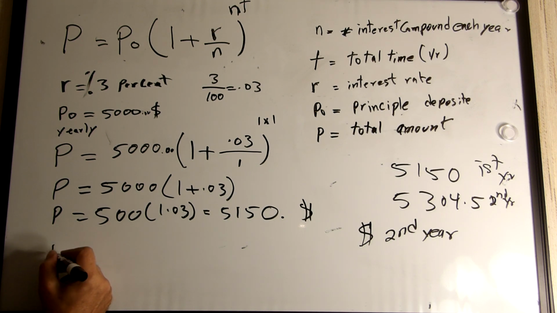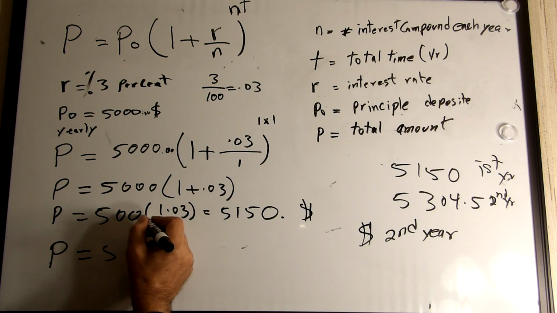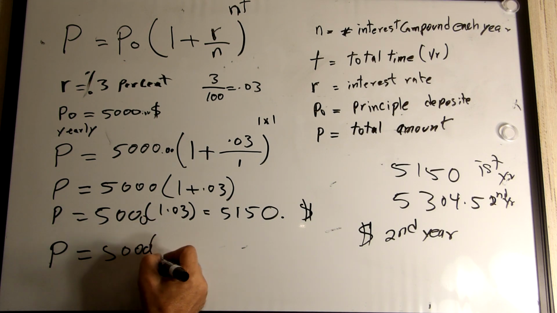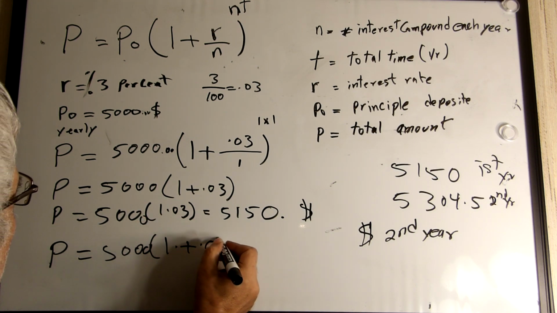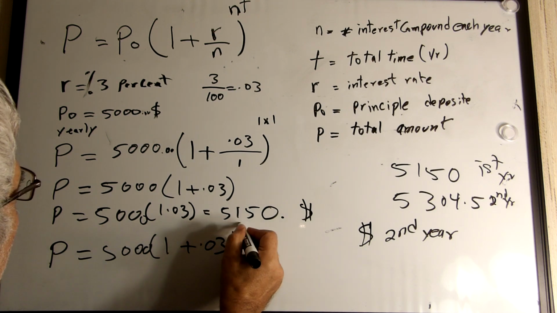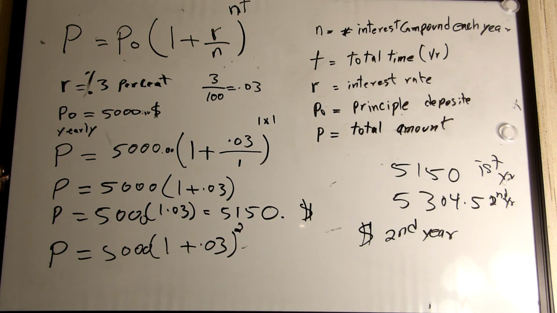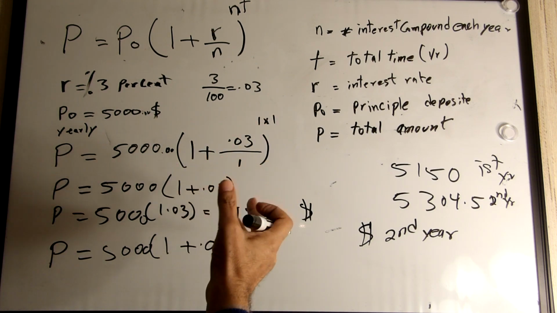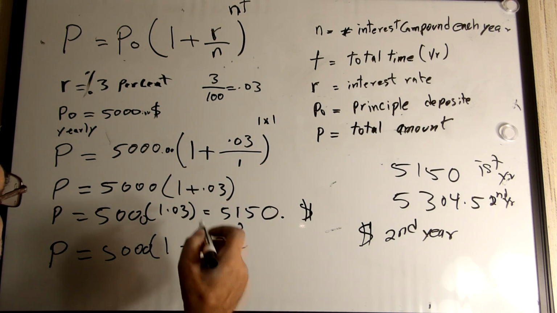And now let's find 5,000 times 1 plus 0.03 to the power of 2. Compounded yearly, so n is equal to 1.